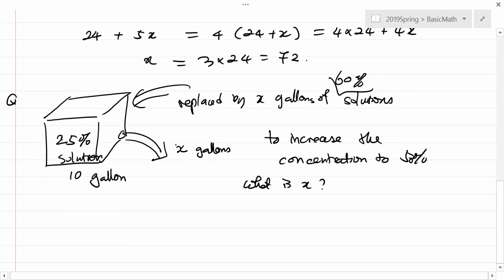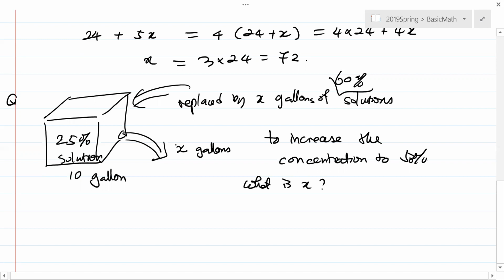That is the question. I'm going to replace X gallons of original 25% solution by 60% solution to increase the concentration to 50%. So you have to write down the equation, then you solve it.